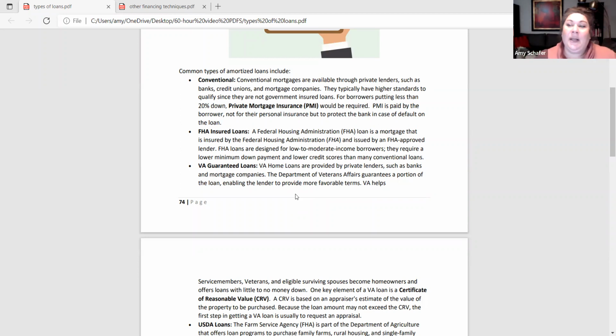Okay. Another very common type is an FHA insured loan. Now, while any bank can do these, the mortgage insurance isn't provided by a private business like the PMI is. The FHA insured loans usually have a little bit more leniency on debt to income ratio and credit score.